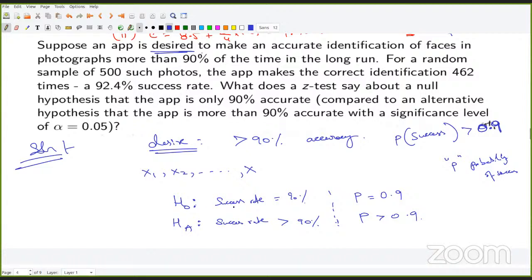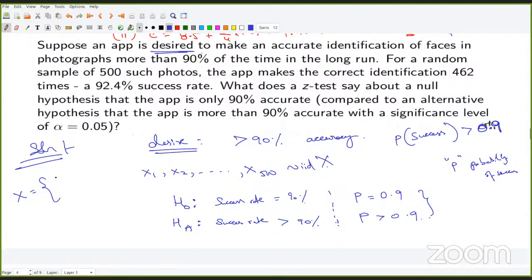Okay. Yes, so we have this. And what else do we need? We also have these 500 samples coming from the distribution, IID X, and X is Bernoulli. We know that also. If I randomly choose one photo, either it identifies the photo or doesn't.